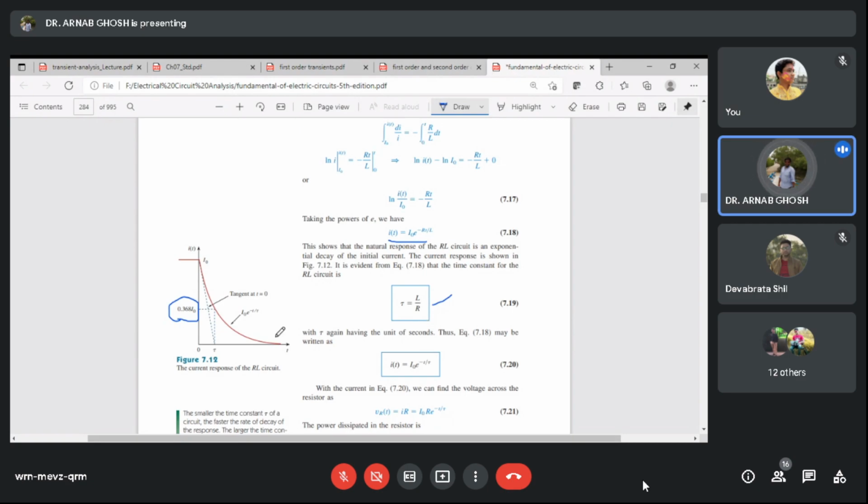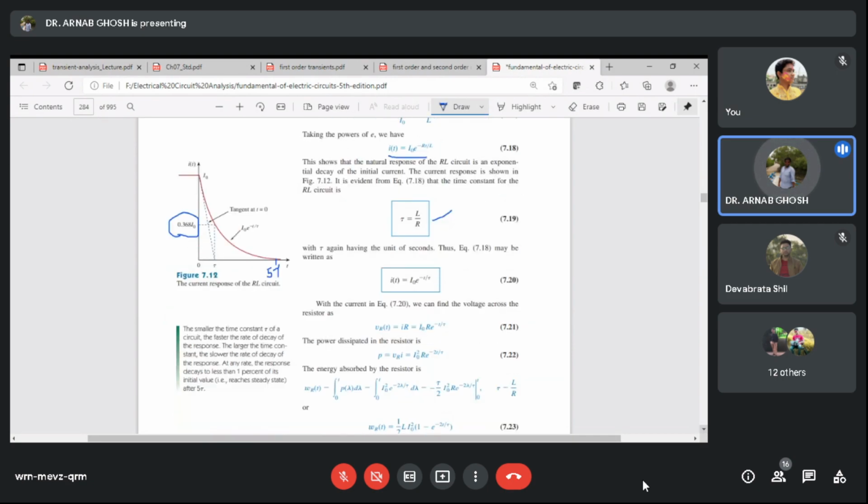And this portion is 5 tau. At 5 tau, this is even less than 0.1%. The value becomes equal to 0.00678, which is even less than 0.1%.